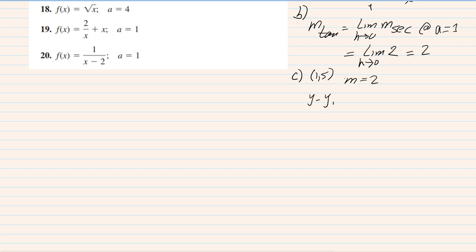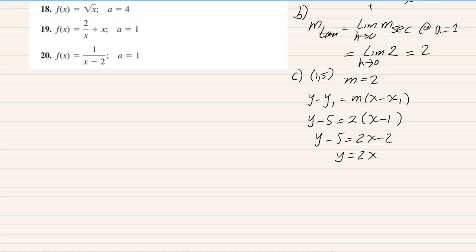So using the point slope form of a line, y minus y1 equals m times x minus x1, we can actually find this. We're going to plug them in. So I get y minus 5 equals slope 2 times x minus 1. So we have y minus 5 is equal to 2x minus 2, or y equals 2x plus 3, adding 5 to both sides. That's the equation of the tangent line.